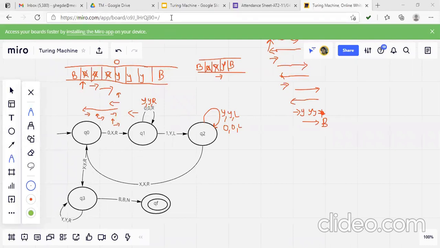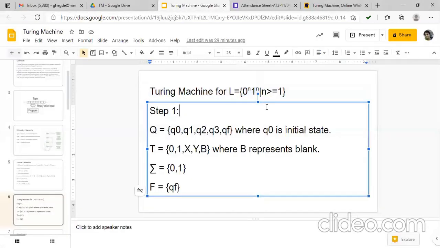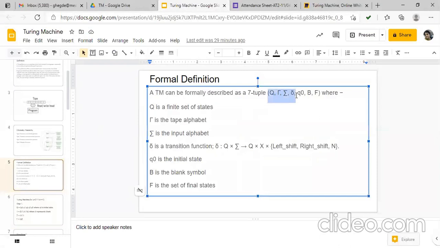Okay, so this was our example, right? So first you have to write the formal definition. What is the formal definition? You have to write this.